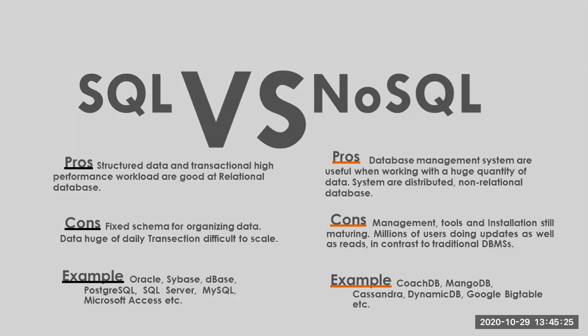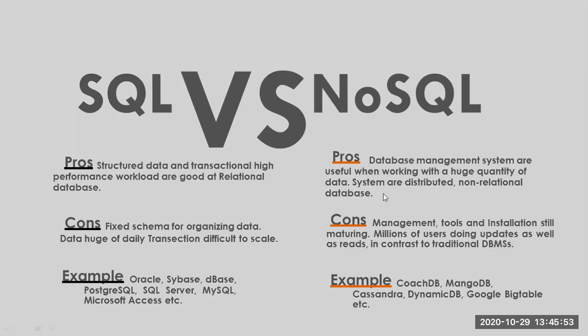Cons means the negative points. Very first, the fixed schema. It does not have any flexible or volatile schema. It is a fixed one, prefixed you can say. If data is used for transactions, then it is difficult to scale. These are some of the negative points. Examples, all of us know Oracle, Sybase, dBase, PostgreSQL, SQL Server, MS Access. These are the examples of SQL.